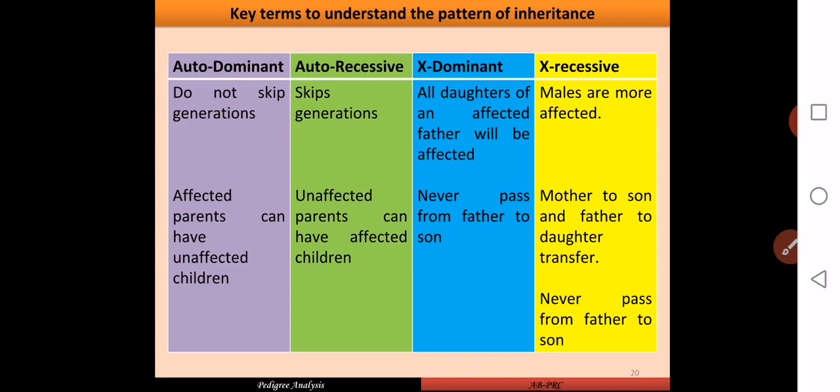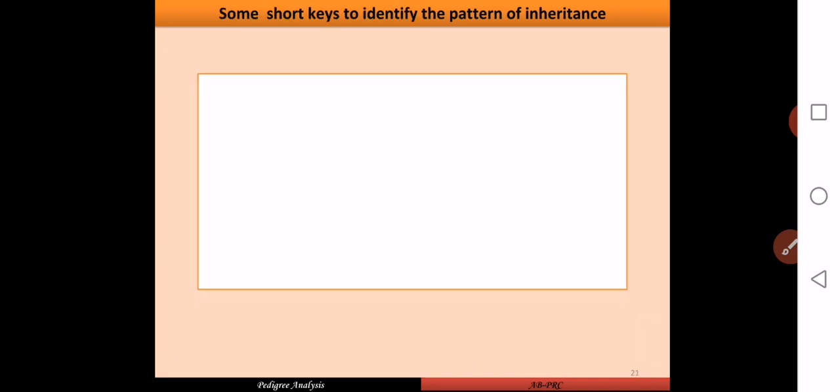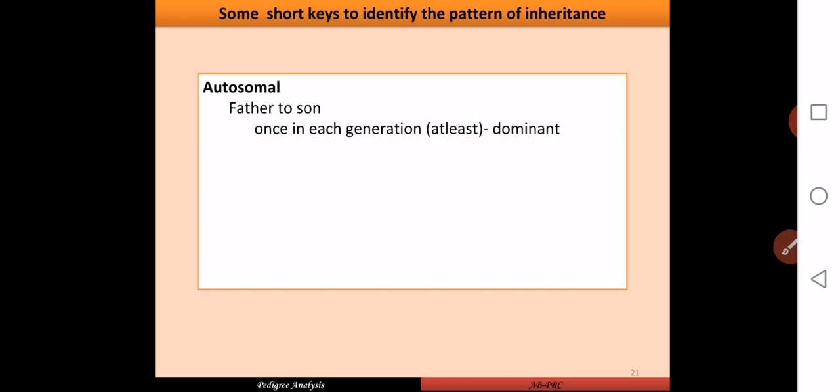You have to remember these features when you are going to analyze a pedigree chart. Okay, here again I am giving you some more key features. If it is an autosomal disease, you have to check whether it is father to son or not. If it is father to son, you can say that this is an autosomal disease, right?